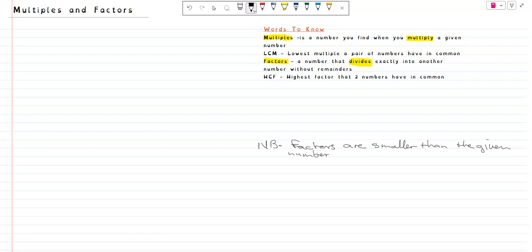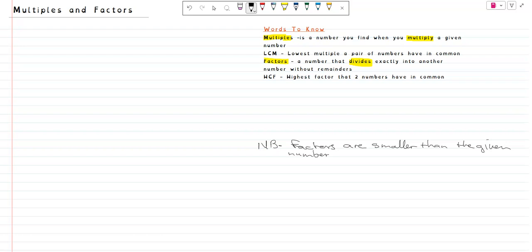Okay, so we're going to do some equations from multiples, lowest common multiple, and factors and highest common factor. We're going to practice all these at once so that you know exactly what you're supposed to be doing. Okay, so we have the following question.